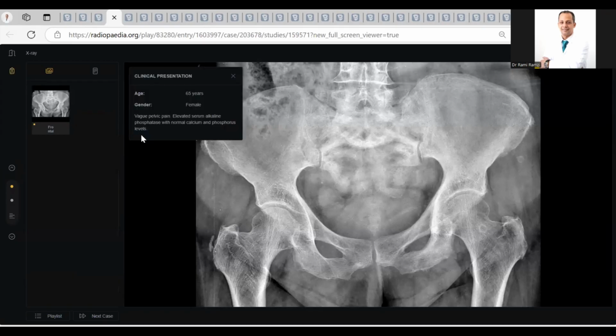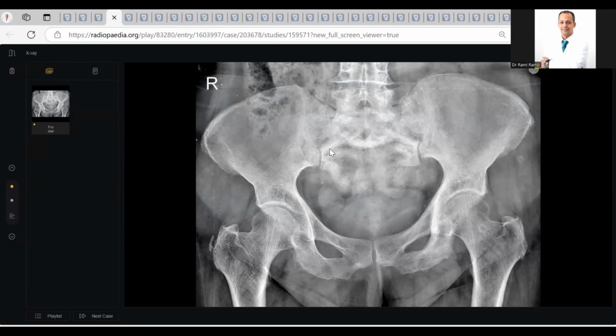A 65 female patient with vague pelvic pain. Okay, sir. Provided are the images of an elderly female with vague pain of pelvis with both hips. First thing I'm seeing is, I'm just taking a look before I comment.